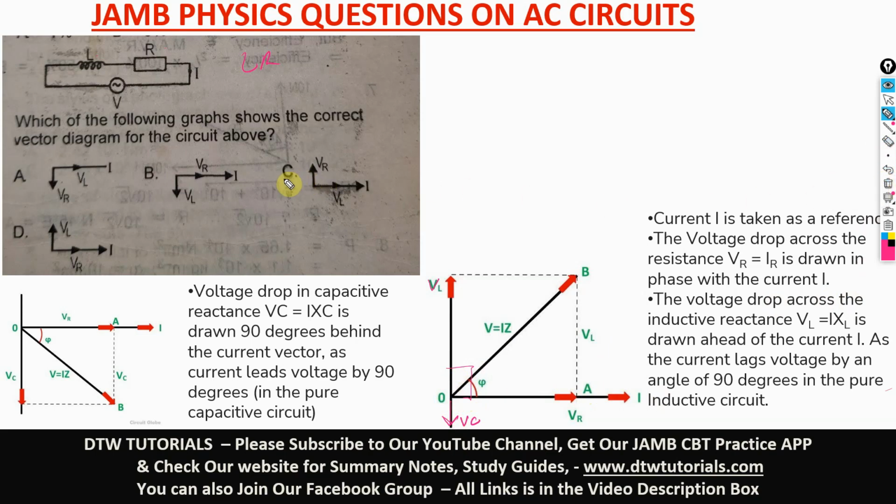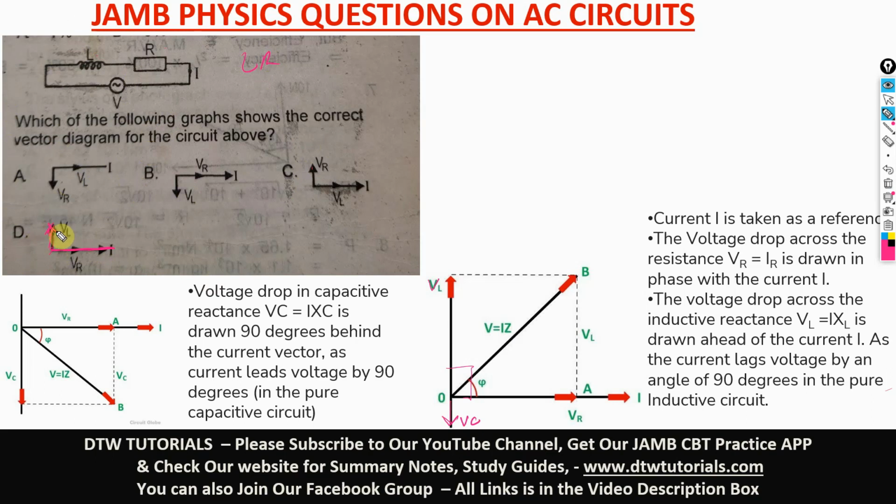So the correct diagram here is where we have VL. VR can never be here in getting the vector diagram. VR will always be here in the middle. VL is upward in an inductive circuit.